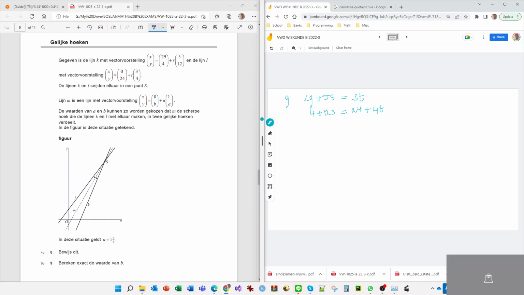First, rewrite it a little bit: 29 plus 5s, and minus 20 plus 12s is 4t.